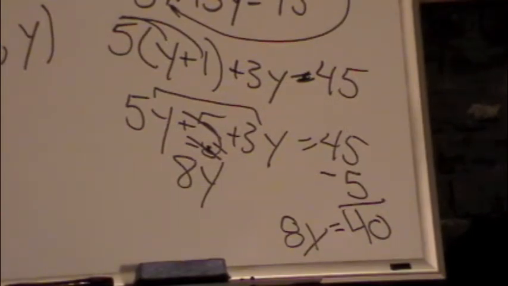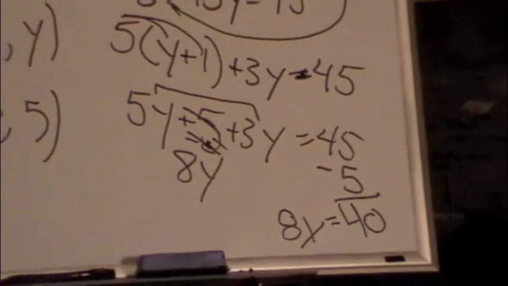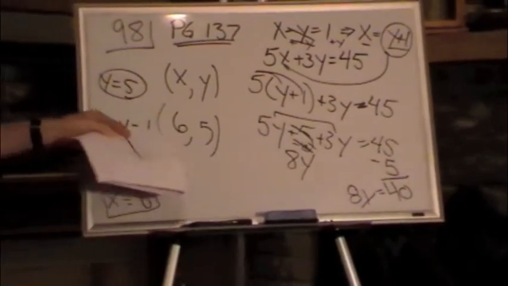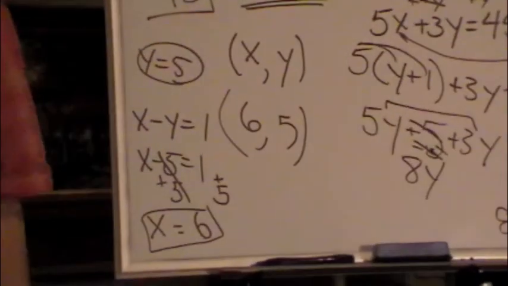That means x equals 6. Y is 5, x is 6. X is 6, y is 5. And so that is how you would write that point on a graph and find the solution for the x and y values for those two equations.